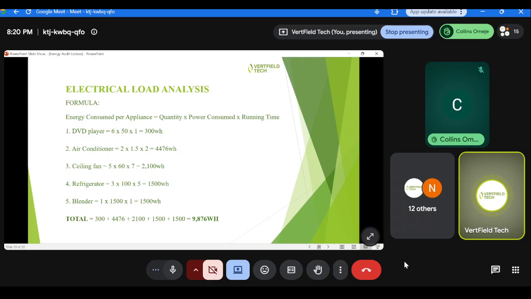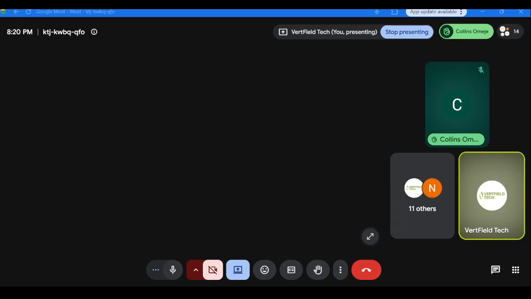For the blender, 1 multiplied by 1.5 by 1 gives you 1500 watt hour. So the total energy consumption becomes 9876 watt hour, and that is the energy need of the facility.